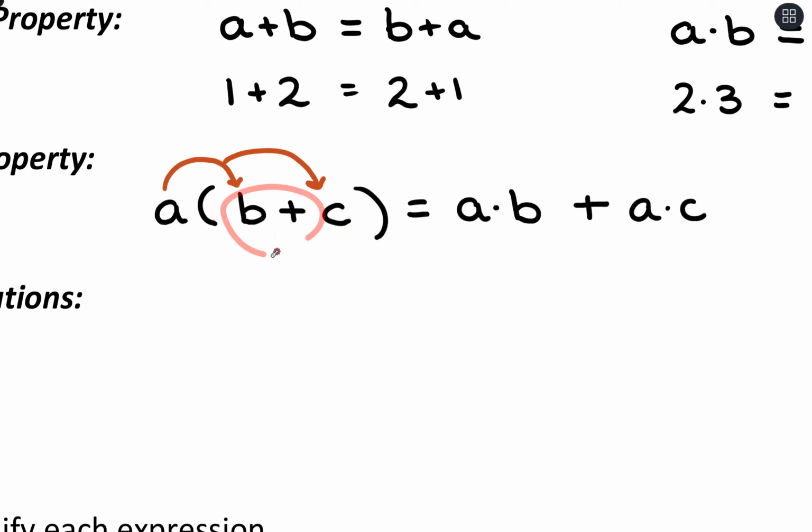And it doesn't have to be two pieces. We could have 3 values, 10 values in there, all adding together. What's important is that the value that's multiplying outside has to go to each and every piece. Another thing that's important is that that's addition there. Subtraction would also work, but it's only when you see addition or subtraction in the parentheses that we distribute through.